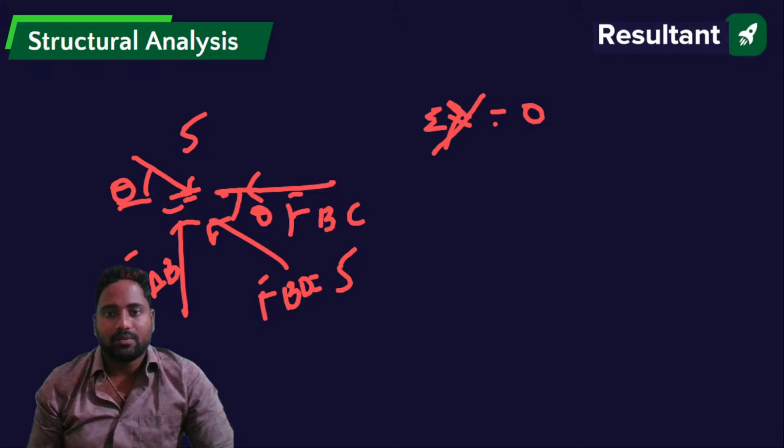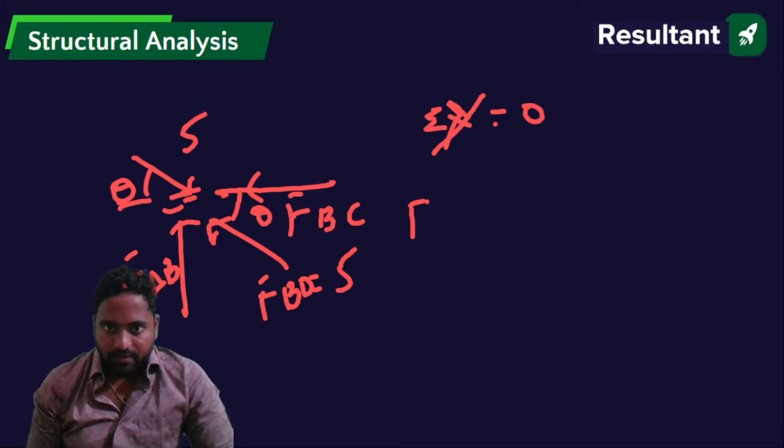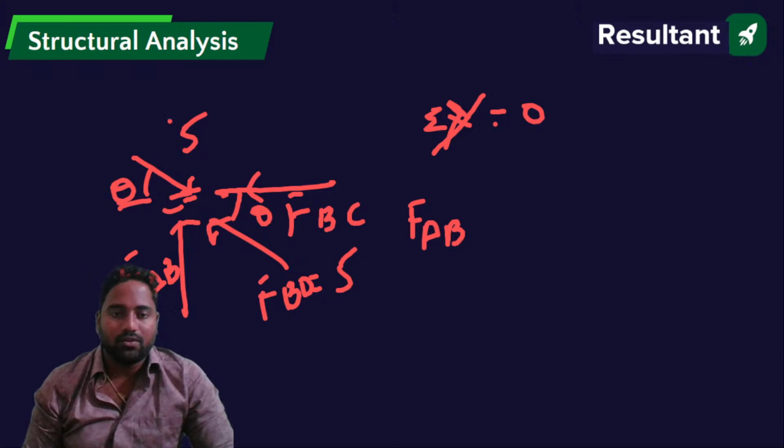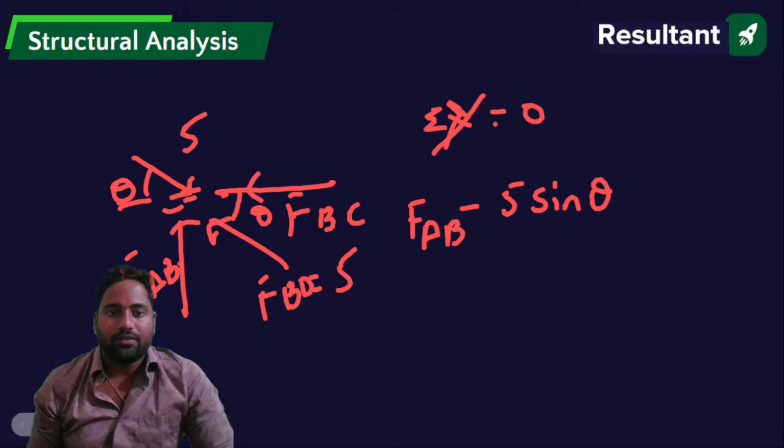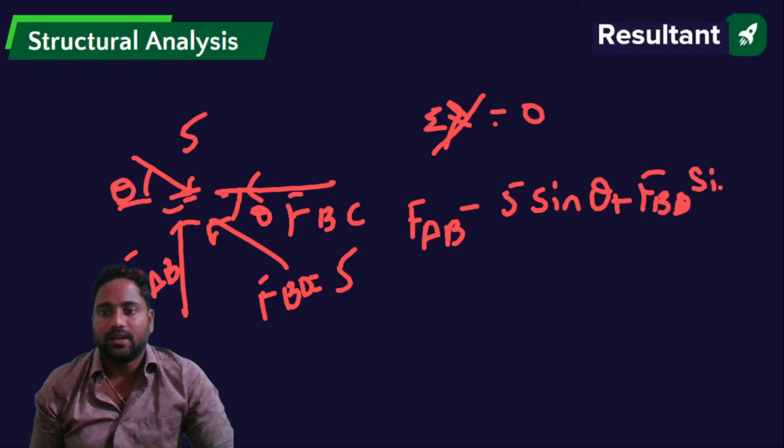summation of forces in y direction equals to 0. If I take FAB as upwards, I'll take it as positive, and this is 5 kilonewtons, this would be sine theta, downwards. So minus 5 sine theta, and FBD, this one is upwards. So FBD sine theta, plus FBD sine theta equals to 0.